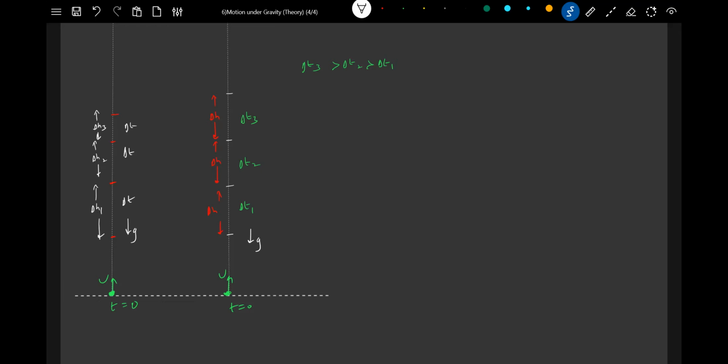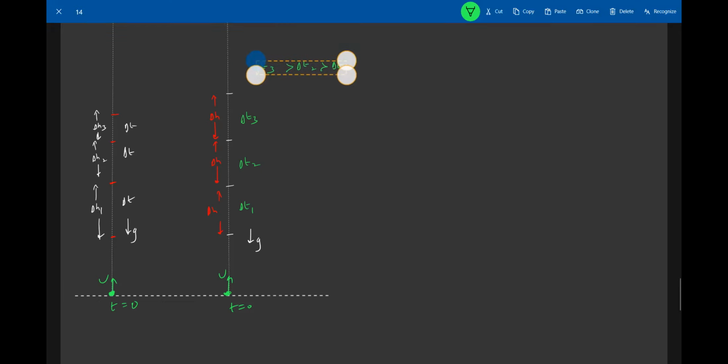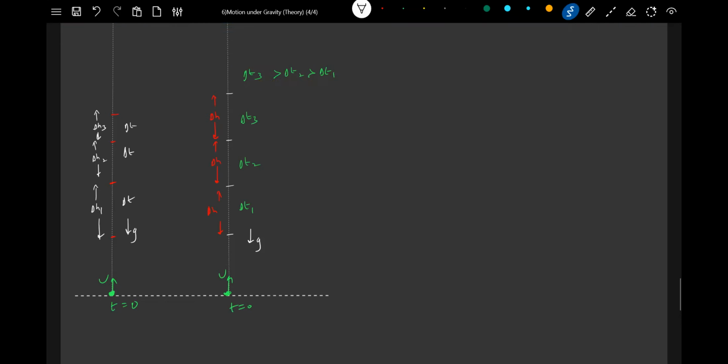So again, what are the conclusions we can make? Delta H1. For a vertically projected body, what is the first thing?